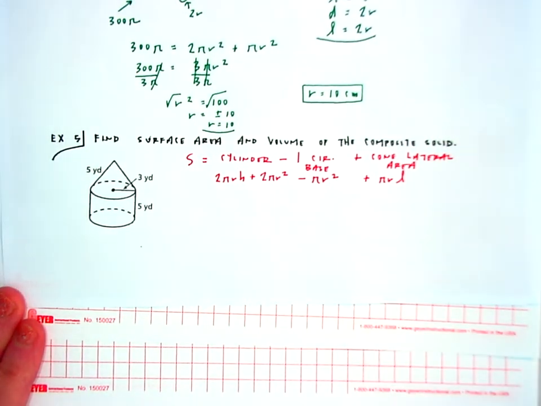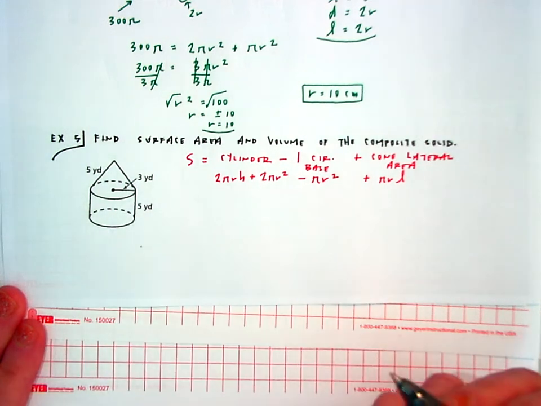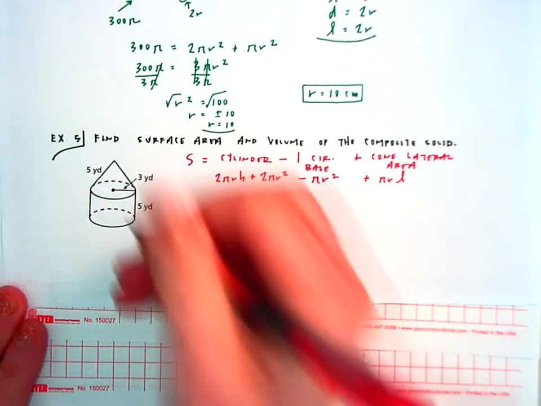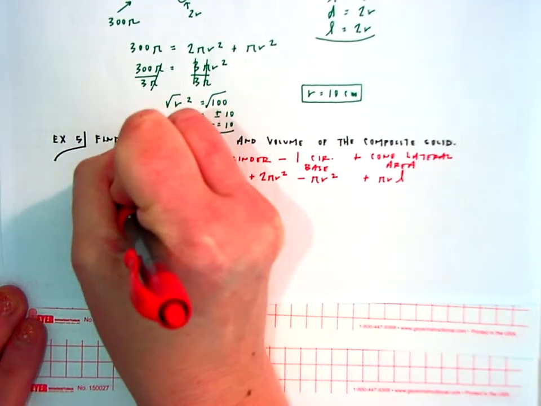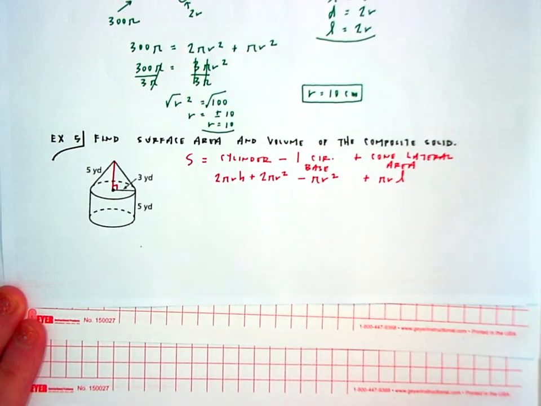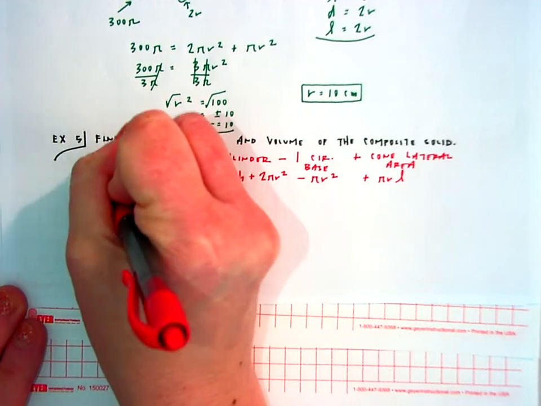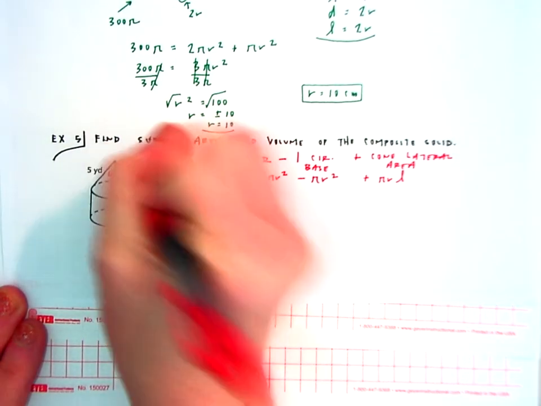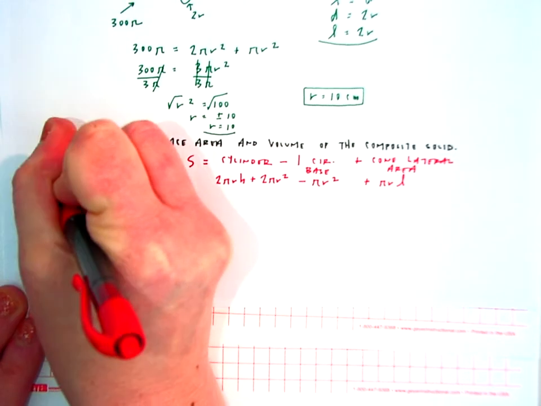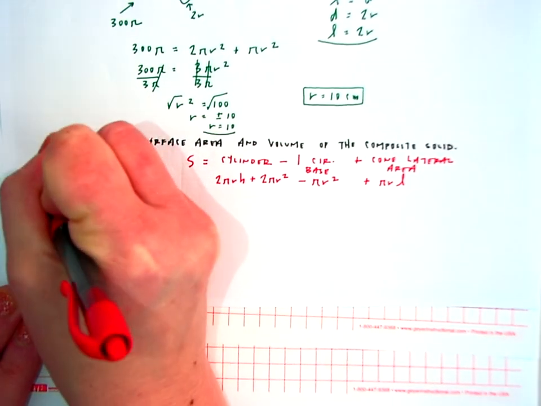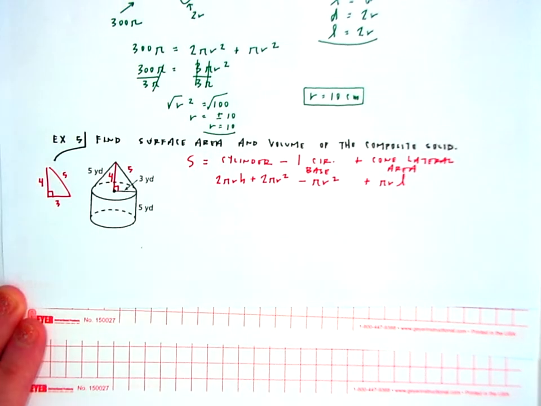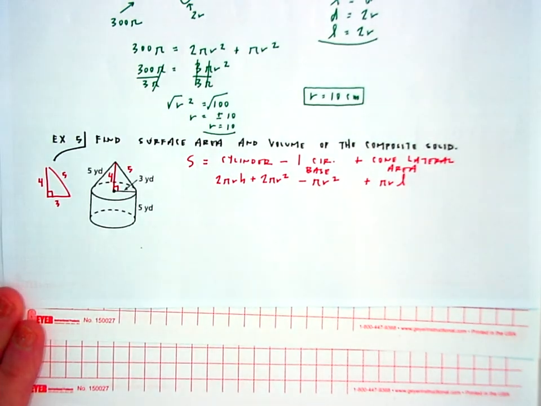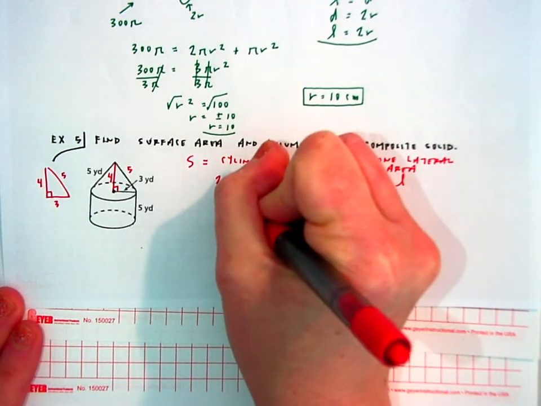So if I plug in everything that I know, my radius is 3, I know that my slant height is 5, so my height, I can also fill that in since I recognize a 3, 4, 5 triangle. 3, 4, 5, like that. Let me draw that to the side. The most common Pythagorean triple that we have. Okay, so for the cylinder though, cylinder first, radius is 3.